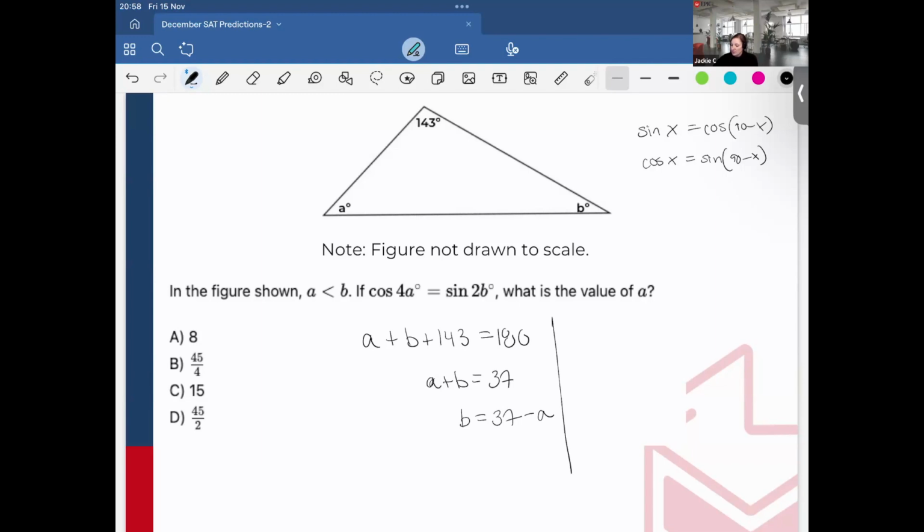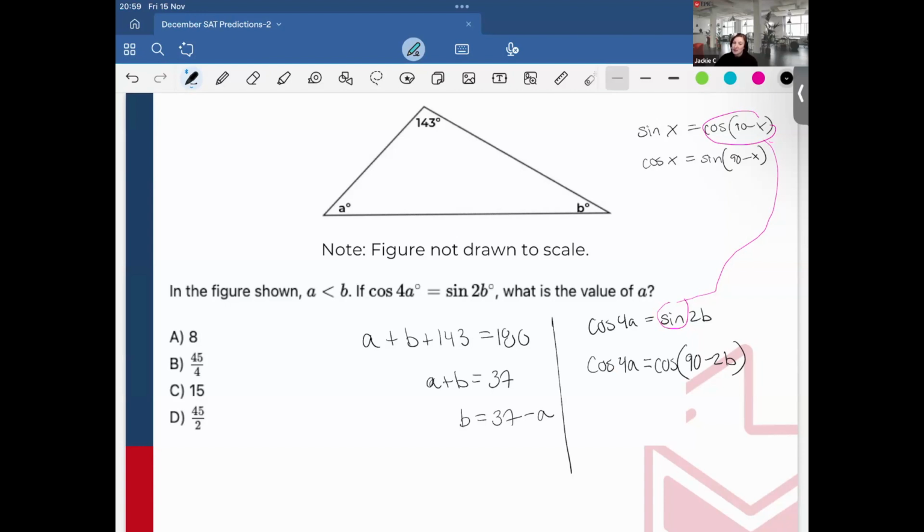And then also just going back to cosine 4a is equal to sine of 2b. So if I want to get the value of a, I'm going to put this in, like this would be cosine of 2b, right? So cosine 4a is equal to cosine of 90 minus 2b.